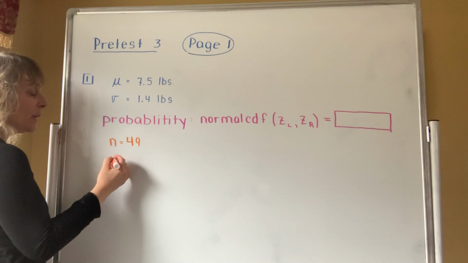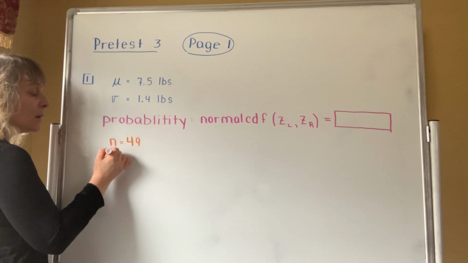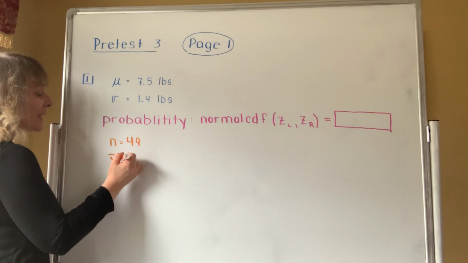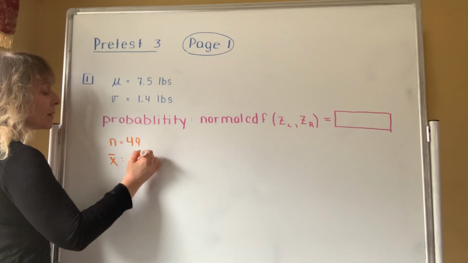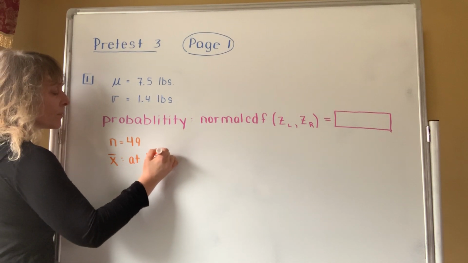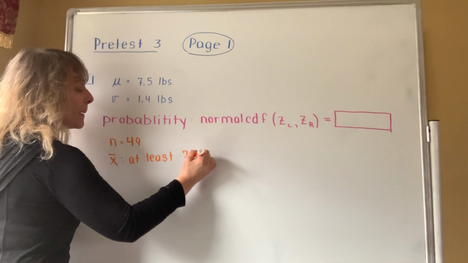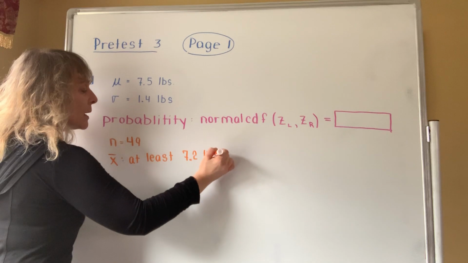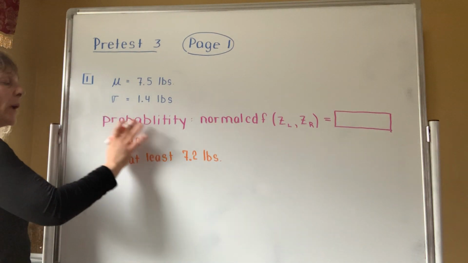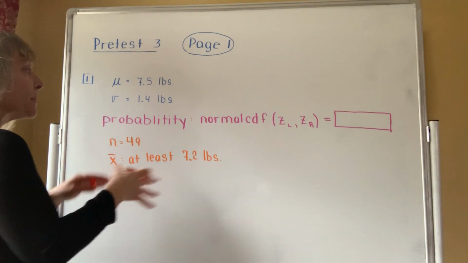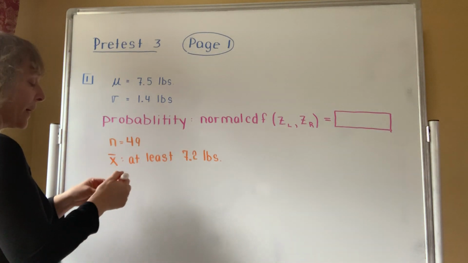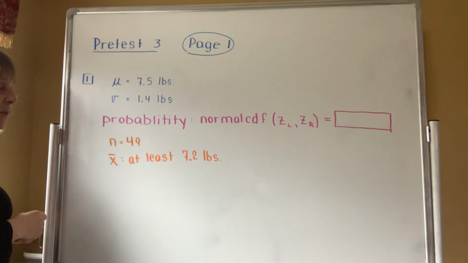So of these 49 babies, the mean for the sample is at least 7.2 pounds. Now, because you really don't know where this 49 comes from, does it come from this, does it come elsewhere, you're dealing with sample stuff.